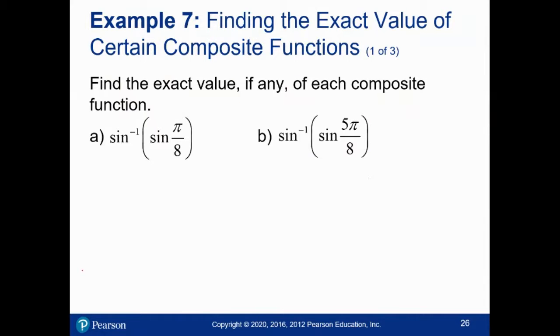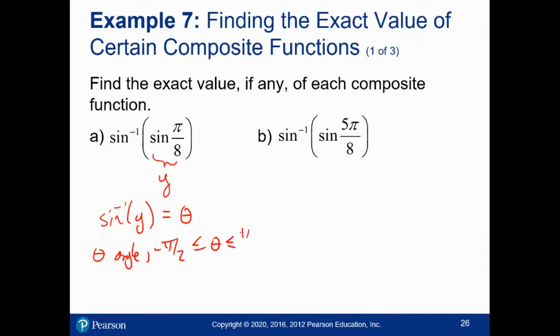Okay, so arcsine of sine of π/8. So sine of π/8 is just some number. Let's call it y. So I'm now looking for the arcsine of y. Let's call it theta. So theta is an angle. It's between -π/2 and π/2, because that's how arcsine works. And the sine of theta must be y.